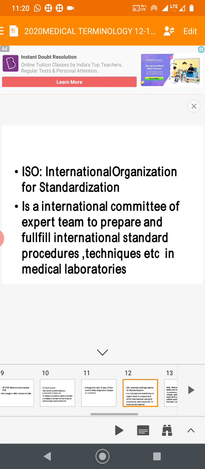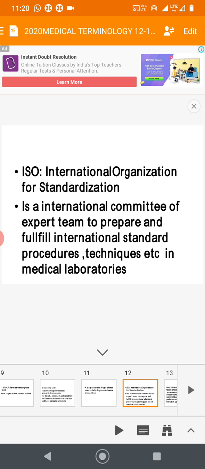Okay, some of the terms we use in the lab or hospital. There is ISO, the International Organization for Standardization, meaning anything to do with standards and quality control. It is an international committee of expert teams that prepares and fulfills international standard procedures and techniques in medical laboratories, as far as medical labs are concerned. It is a general term.